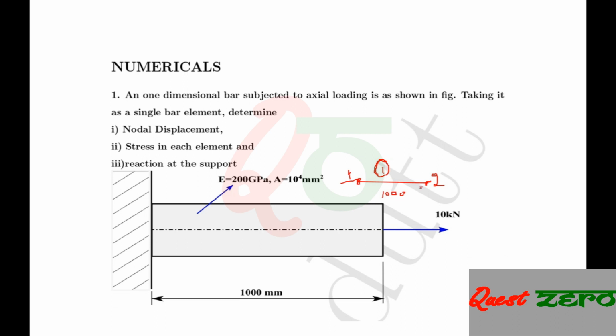So we'll proceed further. At node 2 there is a force acting. Force F2 acts. F1 represents the force at node 1, there is no force. F2 is the force at node 2, which is given as 10 kilo Newton.